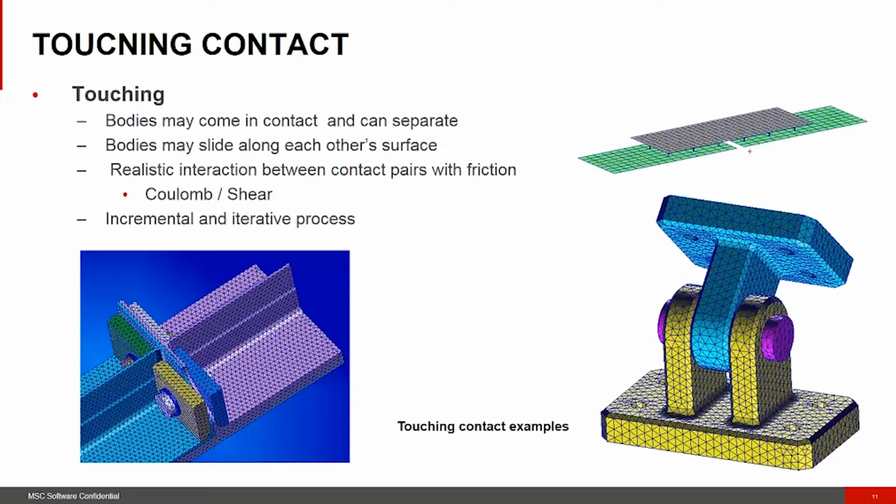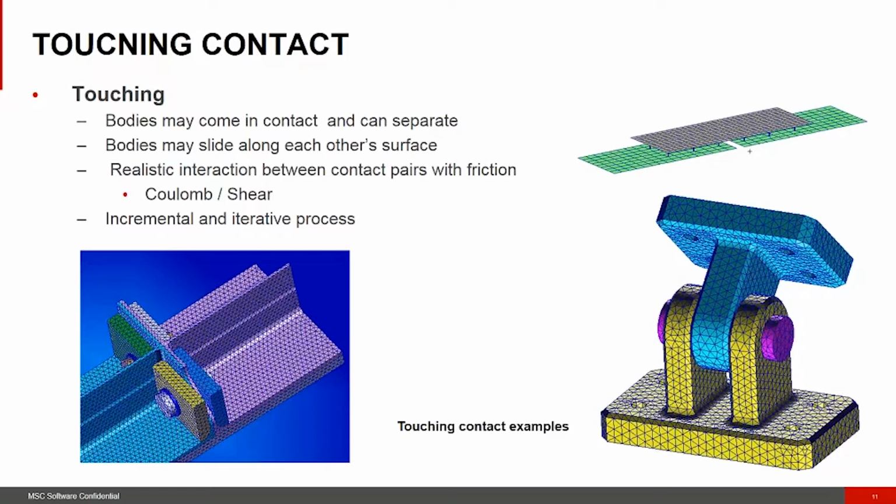And also, again, since this is used in solution 101 and solution 400, it's a type of incremental and iterative process. So this is also important to note. The contact force will be checked against the separation force, just similar to general glue contact.